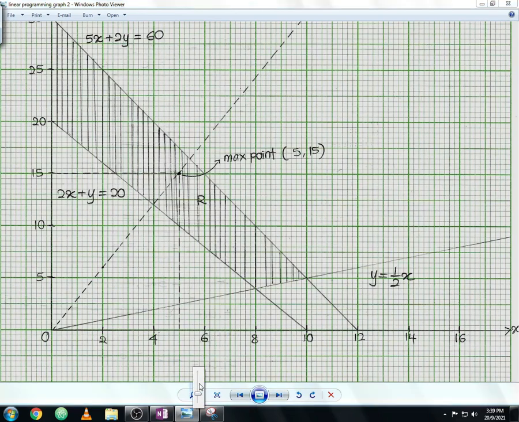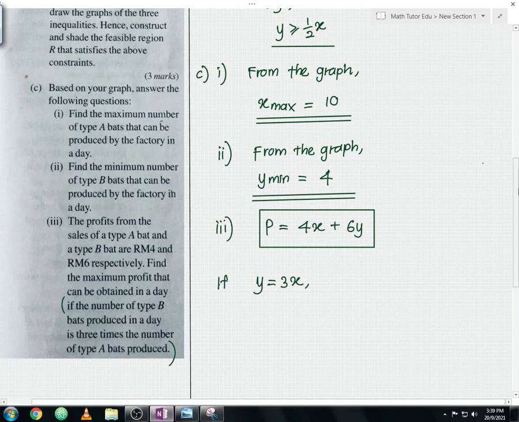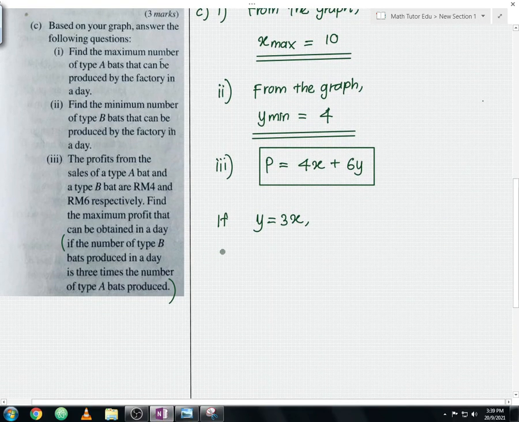Now we need to use this max point to calculate our maximum profit. Back to our main discussion, from the graph we find that our max point is 5, 15.